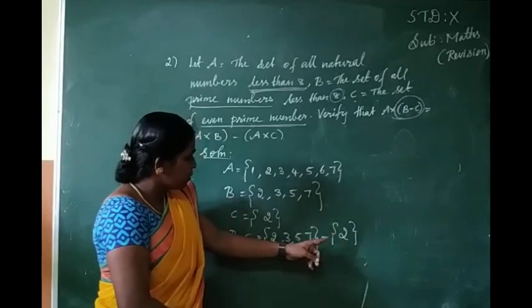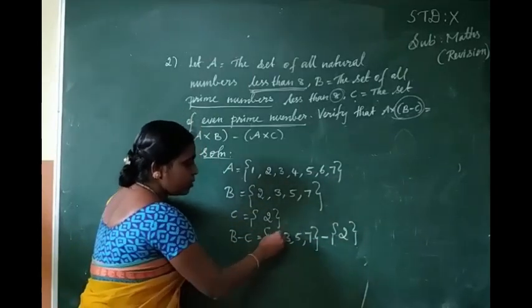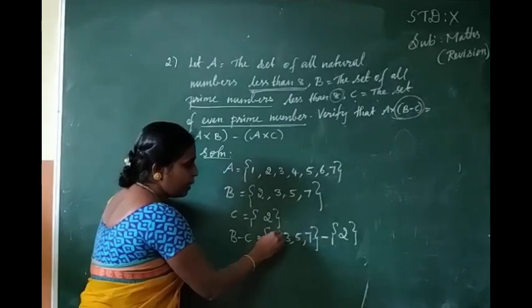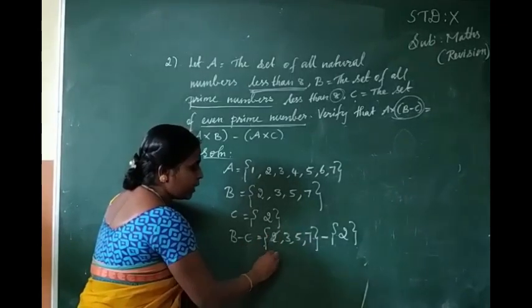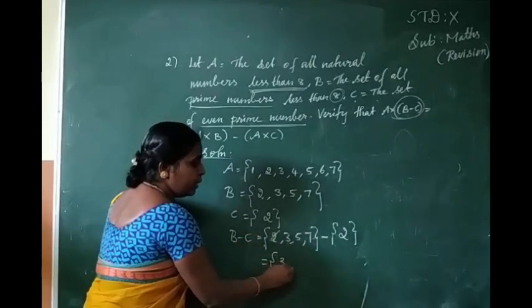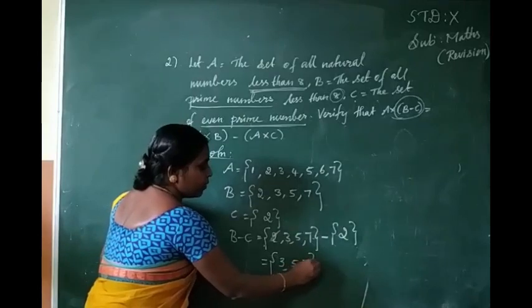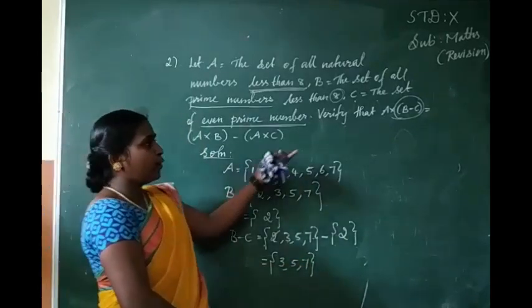Since 2 is in B, you eliminate that 2. The remaining elements in B are the answer: 3, 5, 7. This is B minus C.